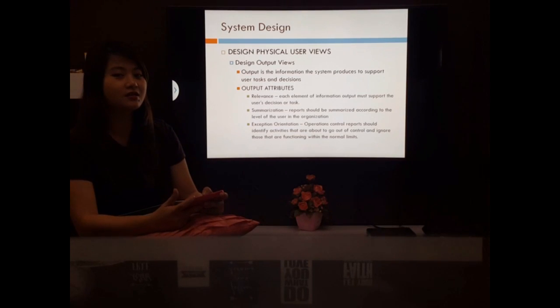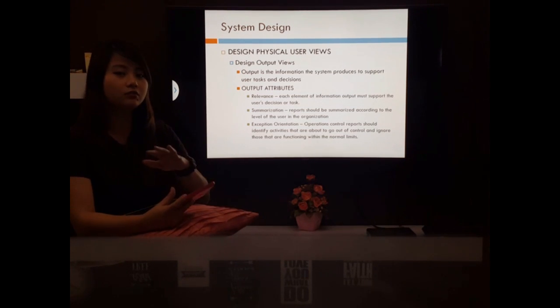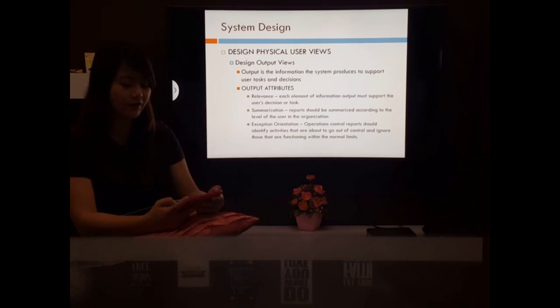Next phase is the design physical user views. In designing physical user views, the designing of output is being considered. Output is being defined as the information the system produces to support user tasks and decisions.